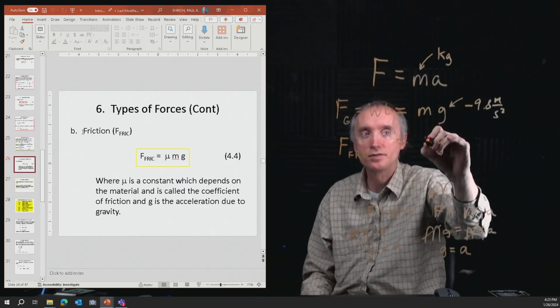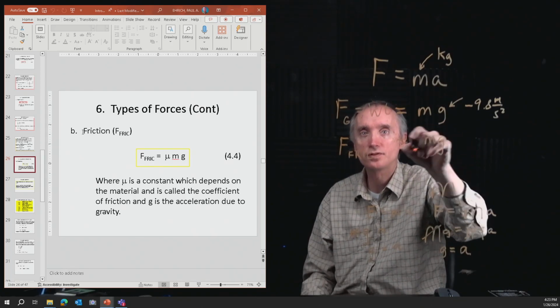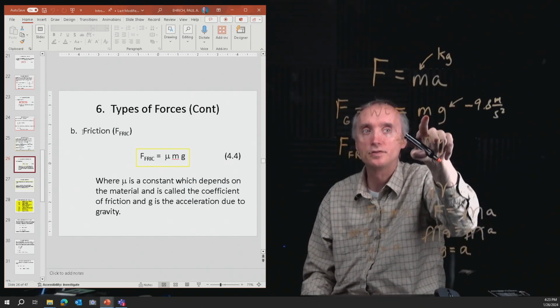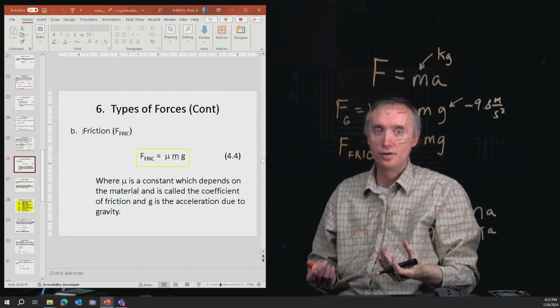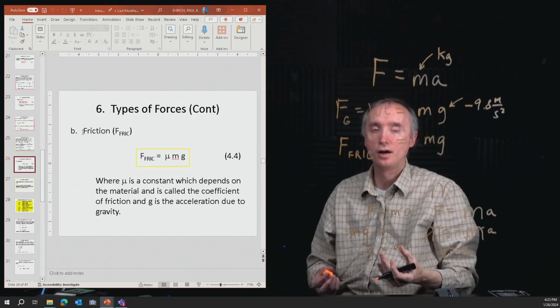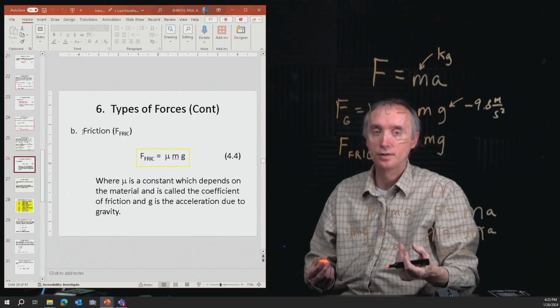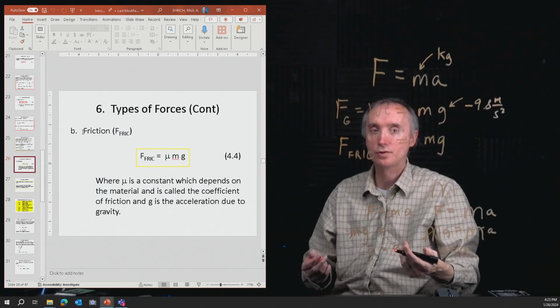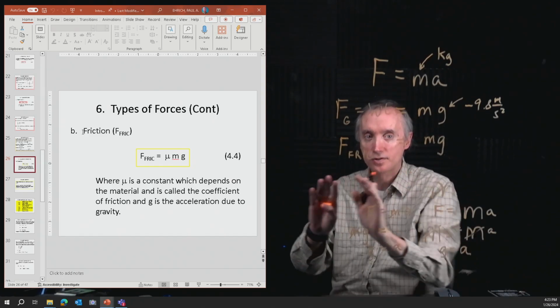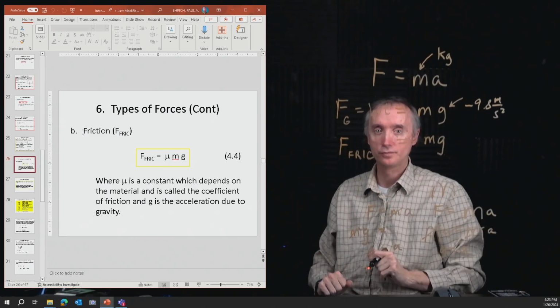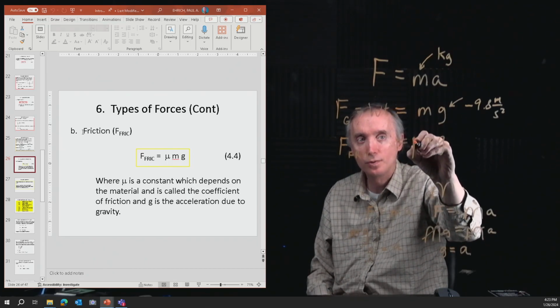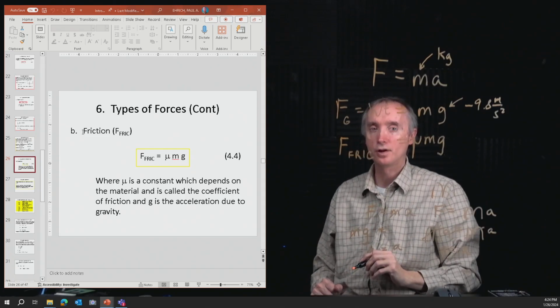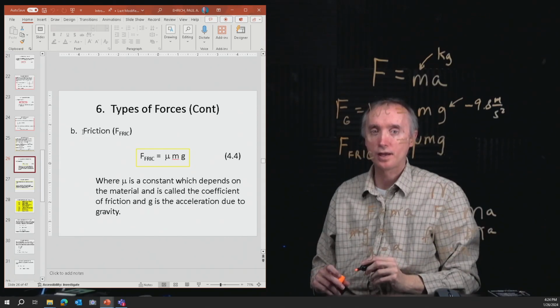Then it depends on M, just like this formula depends on M. So the more massive the object, the more it weighs, the more friction it's going to have when you try to push on it. And then the difference, though, is look here. This one has one more letter called mu. So it's like what a cat does.